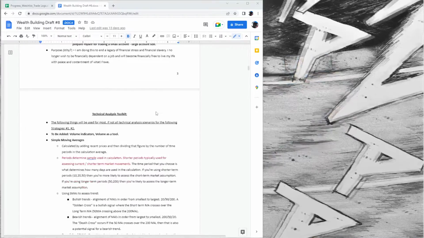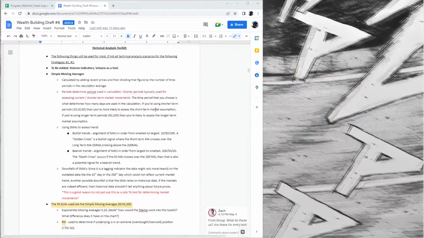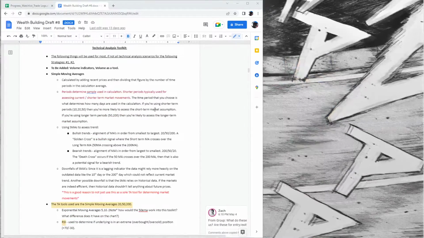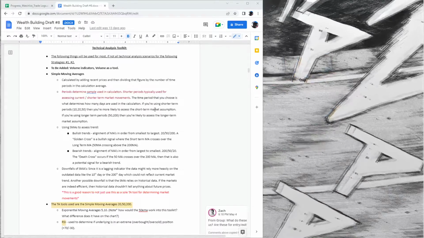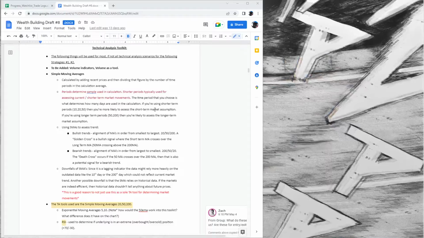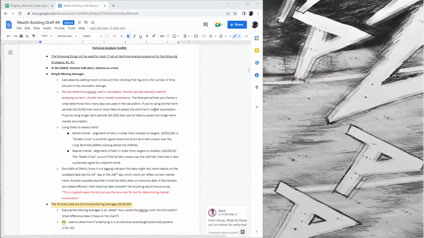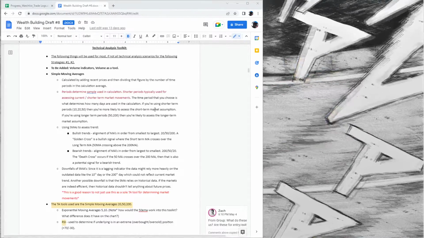Okay, got you. But one of the shortfalls of it is you can't track high momentum moves either to the upside or to the downside.